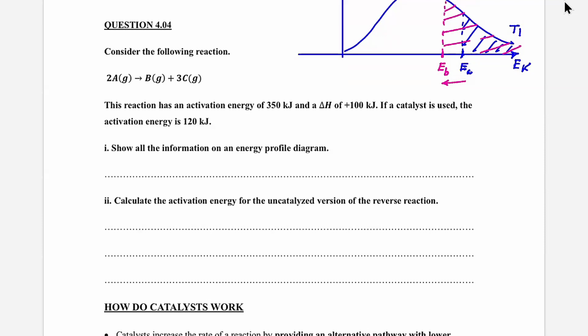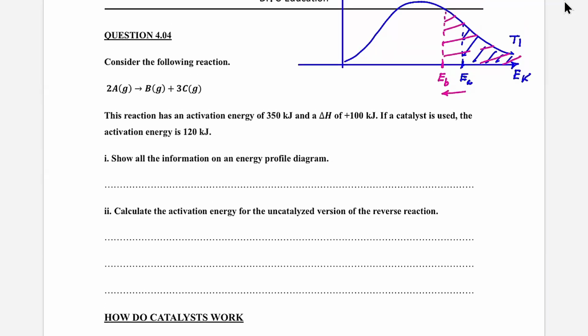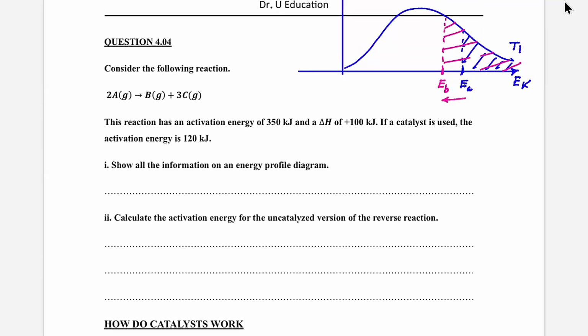Okay, this one. This reaction has an activation energy 350. Delta H is given to you. If the catalyst is used, okay. This question goes to Shamita. Delta H is positive means what?